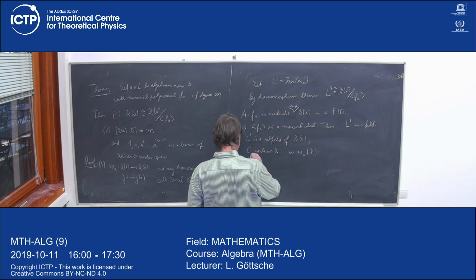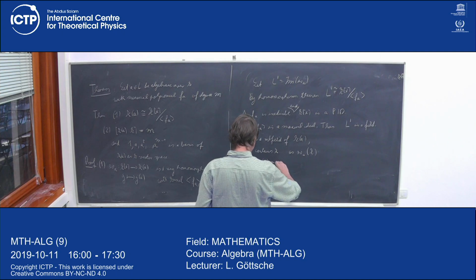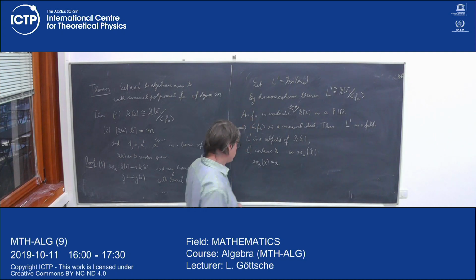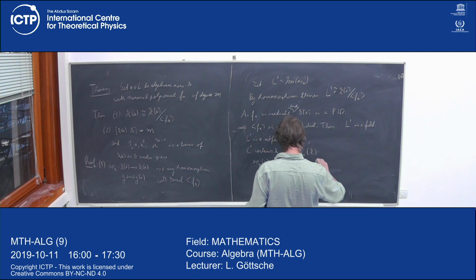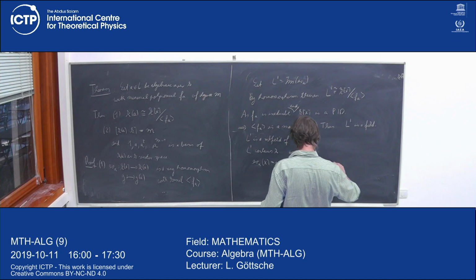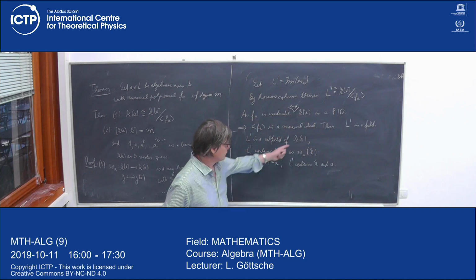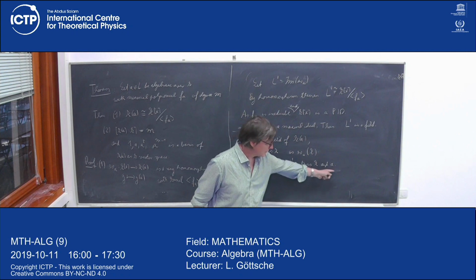And if I take the evaluation of x at a, this is equal to a. So thus L prime contains K and a. So it's a subfield of L which contains both K and a.